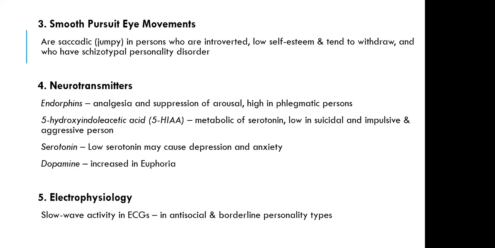And for neurotransmitters like endorphin, 5-HIAA, serotonin, and dopamine, they also have a role in the development of personality disorder. And lastly, slow wave activity in EEG is also shown to be associated with antisocial and borderline personality disorder.